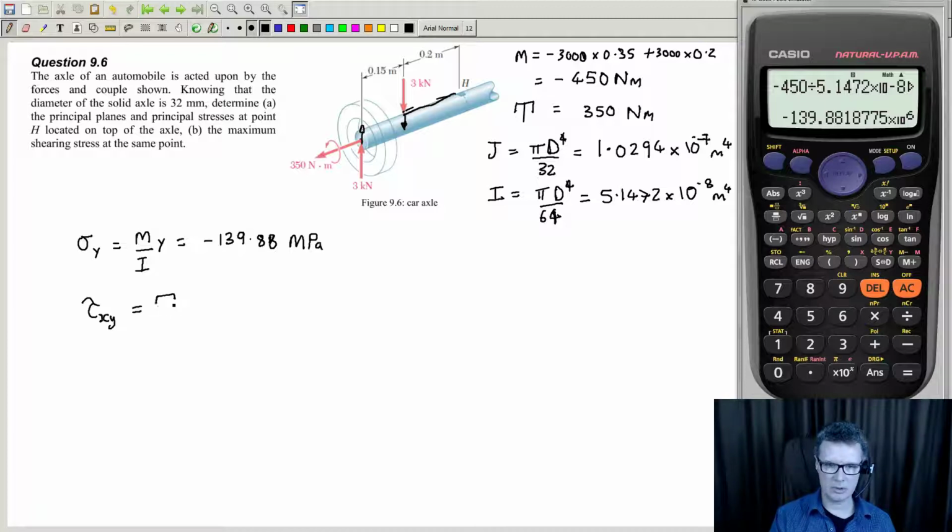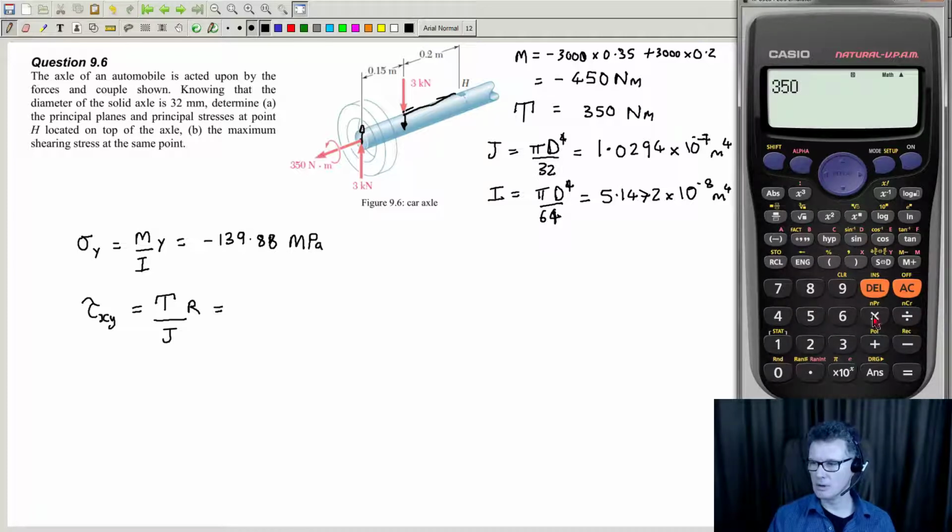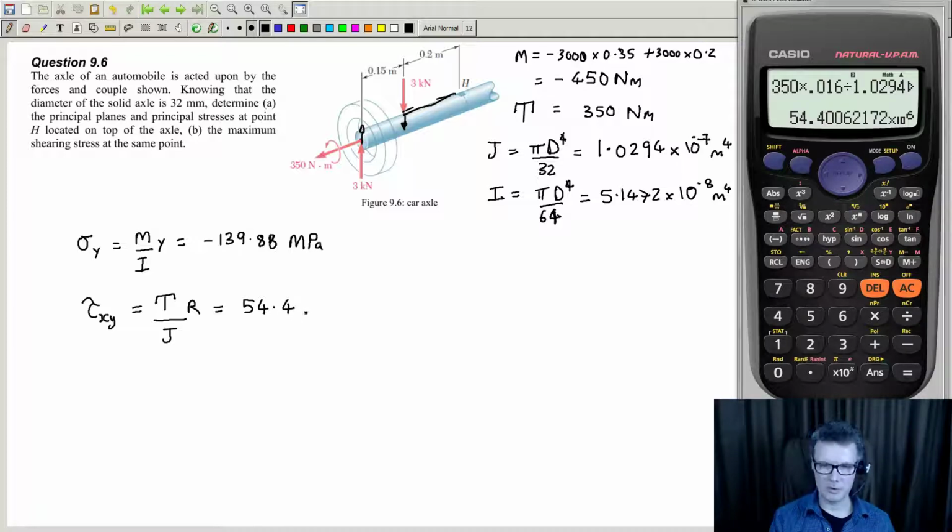So we've got the torque, the J and the R. The R, of course, is the same as Y. So we have the torque 350 times by 0.016 divided by the J, which is 0.10294 to the minus 7. And that's 54.401 megapascals.